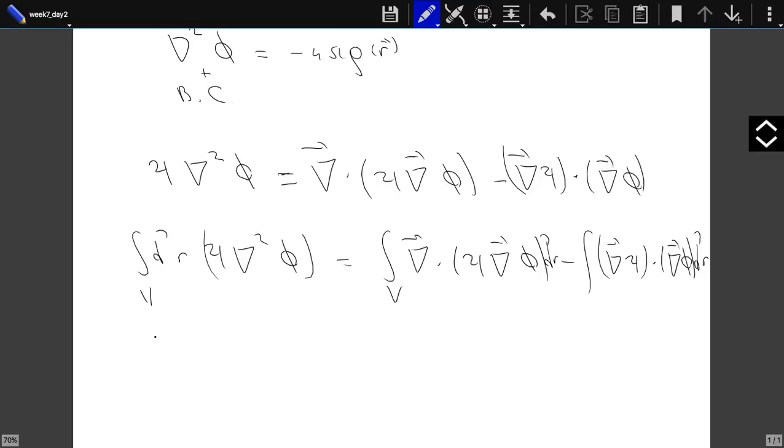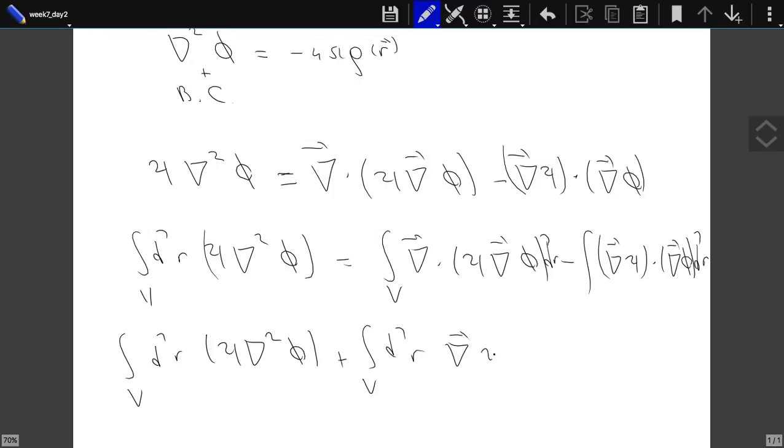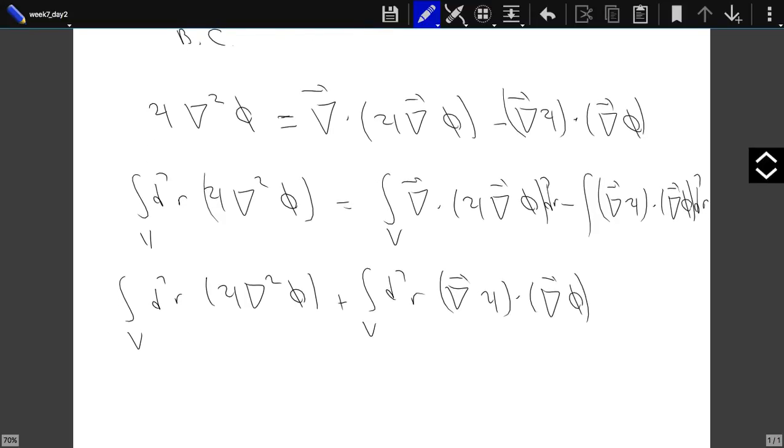And now what we can do is, here we have the divergence of a gradient, so we can just convert it to a surface integral. Or more generally, we can say that over a volume, d cubed r, psi Laplacian of phi plus, over the same volume, d cubed r, gradient of psi gradient of phi.